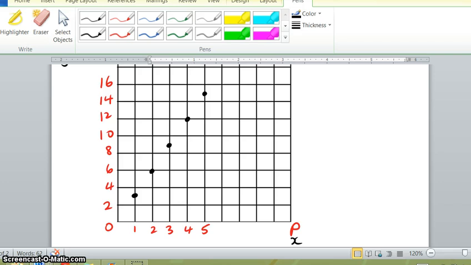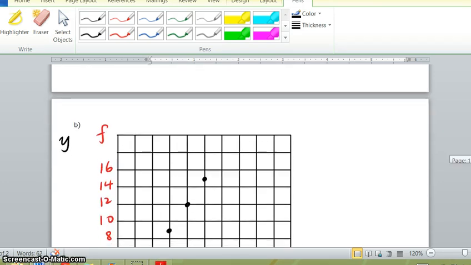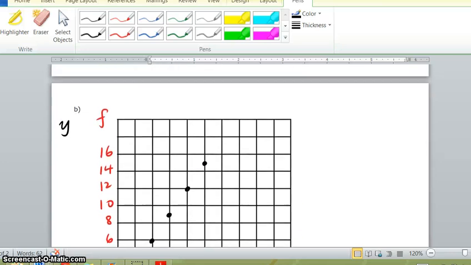Okay. Now, before moving on, let's make sure we have our complete title for this graph. For now, because we don't know what the relation is yet, we'll call it number of pups versus number of fish.